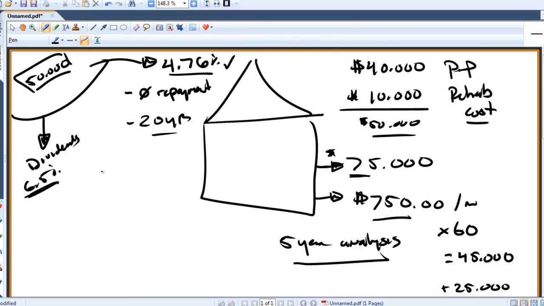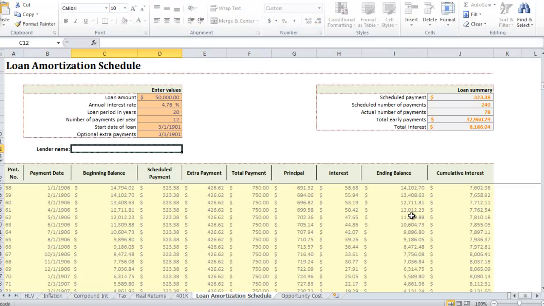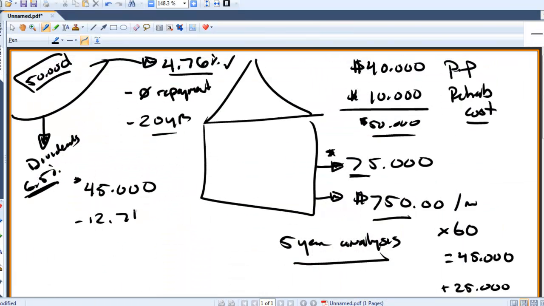Let's go back here and calculate what's going on. Over this 60-month period, you have $45,000. Now you're going to have to minus out $12,711 to pay off the policy loan once the property sells.